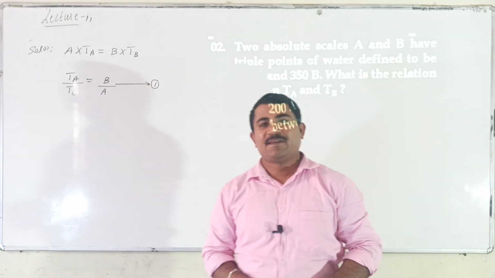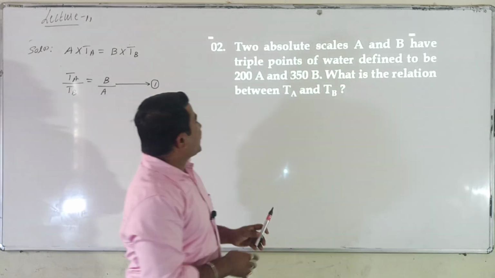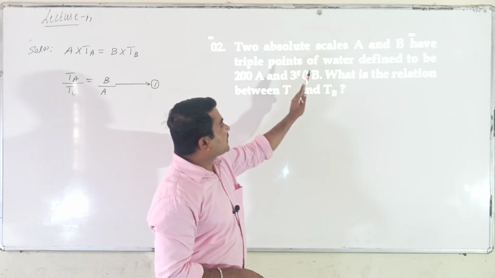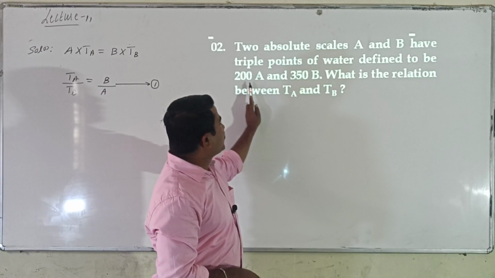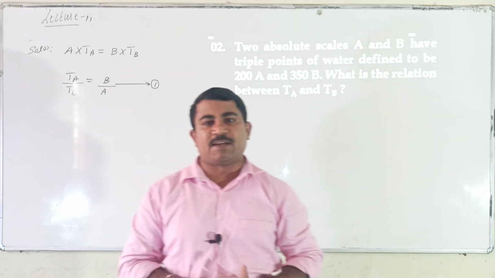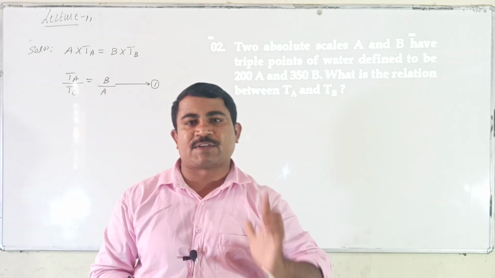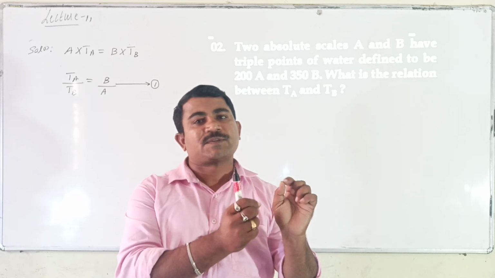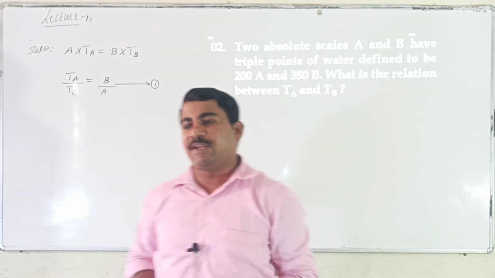Right? But in the question, what is mentioned? Two absolute scales of A and B have the points 200A and 350B. Two absolute scales, at absolute scale, 2 points are there. Absolute scale means 273.15. See here.